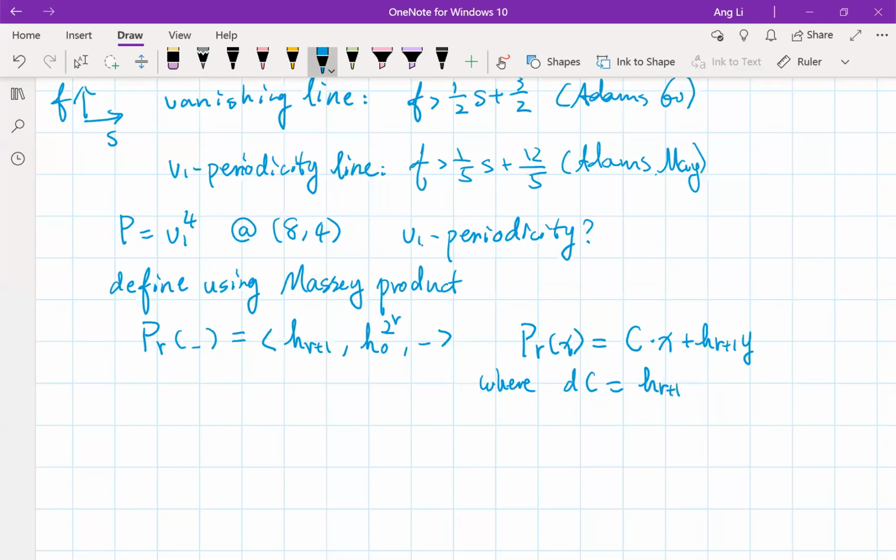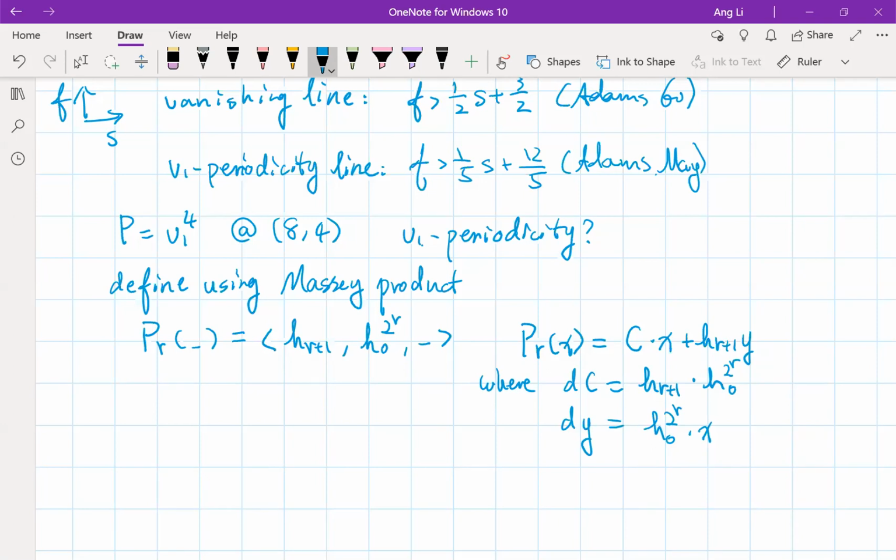So the differential on C is HR plus 1 times H0 2 to the R, and I want the differential on Y hitting the product of the latter two positions, so H0 2 to the R times X. So this is how the bracket is defined.